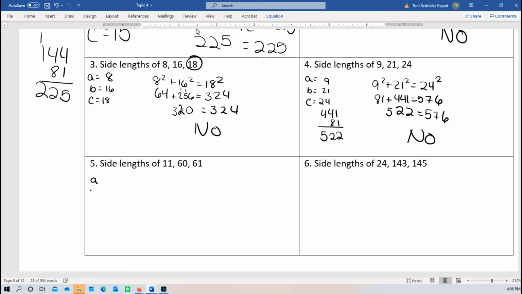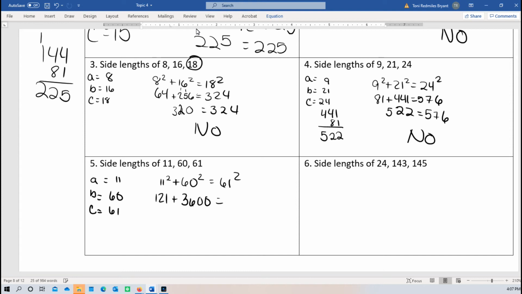Okay, A, B, C. The longest side has to be C. 11 squared, we should know that's 121. 60 squared is going to be 36 and some zeros, 2 zeros to be exact. So 121 plus 3,600.